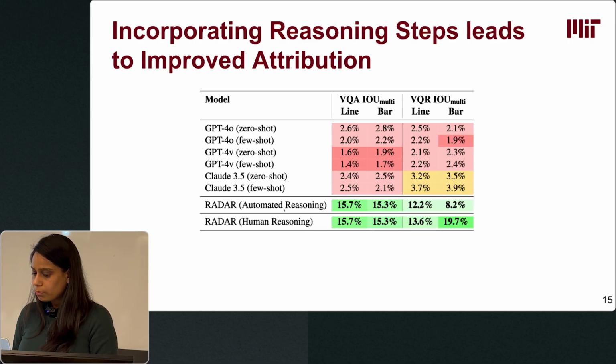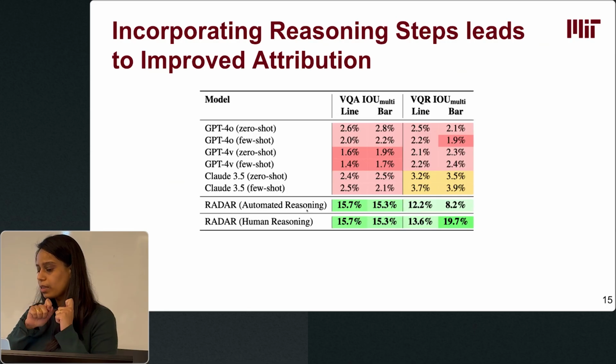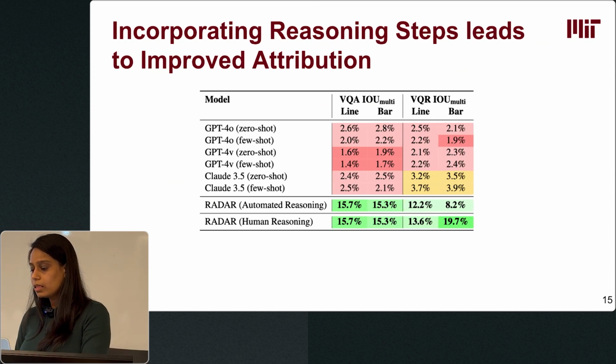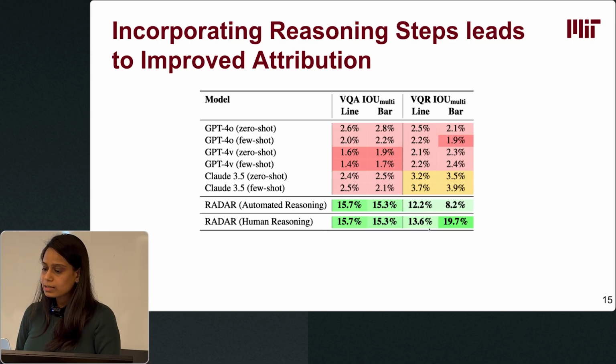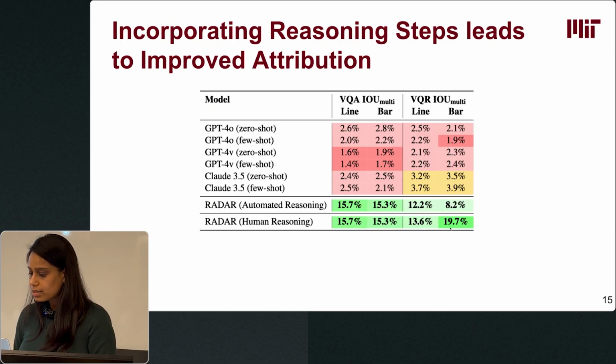RADAR automated reasoning means we are directly generating the reasoning. We also have RADAR human reasoning, in which we are not relying on the model, but we are incorporating human annotator reasoning to see how well the model does with the attribution task. Our results suggested that we had gains from around 1% to 19.7% with human reasoning in the case of bar charts.